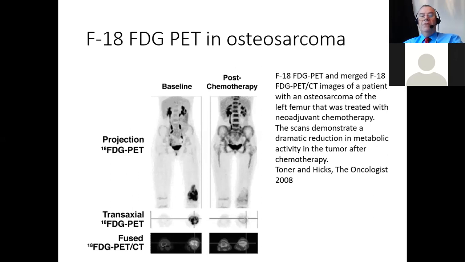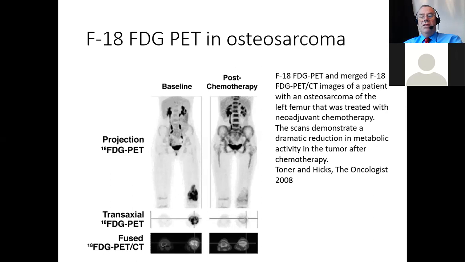So the baseline image is an FDG PET study of a youngish gentleman. He's in late teens, and you can see you do get FDG uptake in epiphyseal plates, low-grade uptake, but it is definitely there. But you can see that the osteosarcoma has intense uptake of FDG.